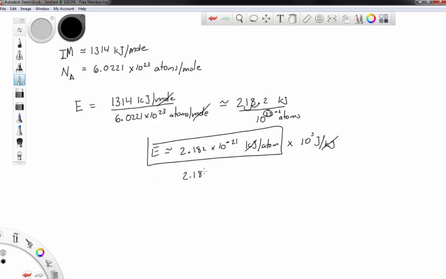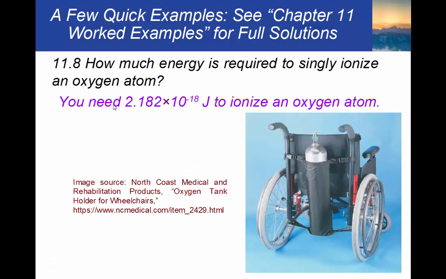And so that ends up being 2.182 times 10 to the minus 18 joules per atom. And in fact, that's also the correct number of significant figures, given that we had 4 significant figures to work with when we looked it up on the periodic table of ionization energies.